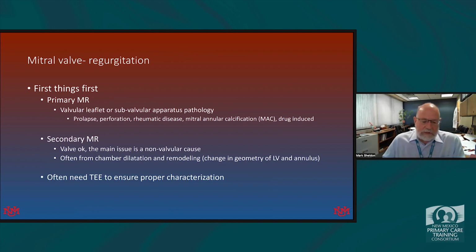And you really can't tell these on clinical grounds or sometimes even on transthoracic, but TEE is usually the main way that we make sure that we understand this. And there are differences in how these, it's not just we want to come up with another characterization. There are differences in how we have to treat these patients a little bit.